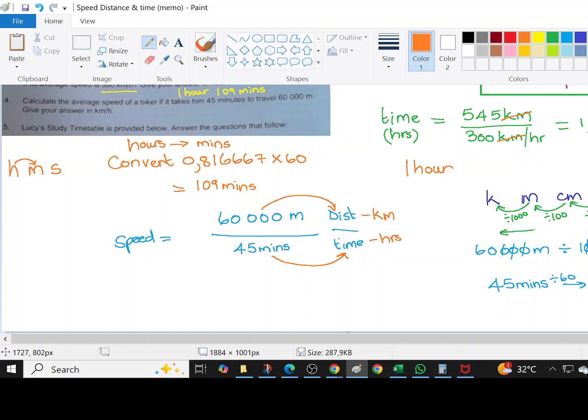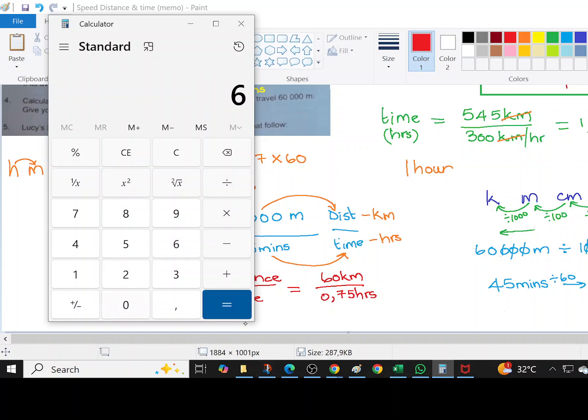Now we've got that and we've got that for our formula. So our formula is, let me write it in a different color. Speed is equal to distance over time, which therefore is equal to distance is 60 kilometers over 0.75 hours. 60 divided by 0.75, 80.